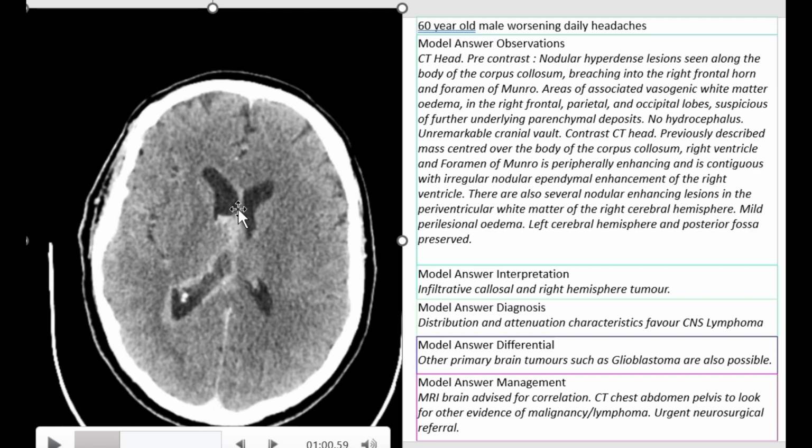These lesions are also seen in contiguous with an irregular enhancing nodular ependymal lesions seen within the right ventricle.